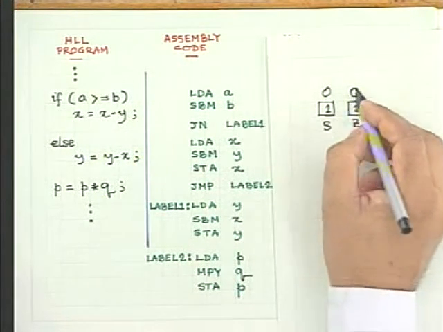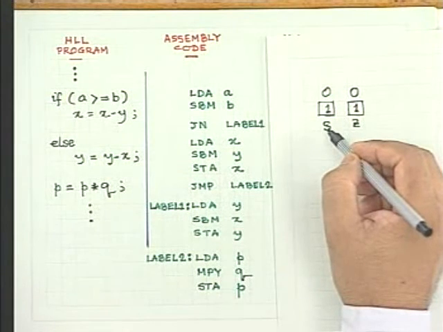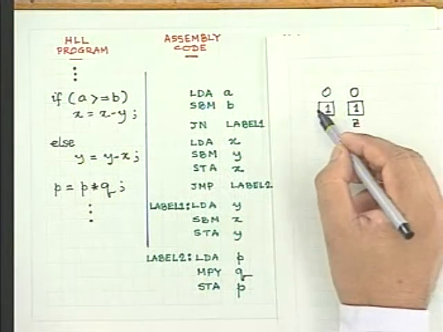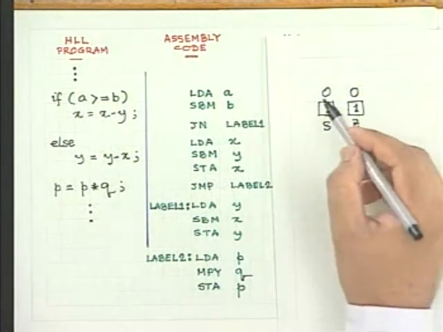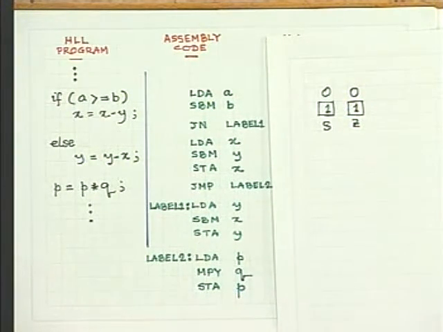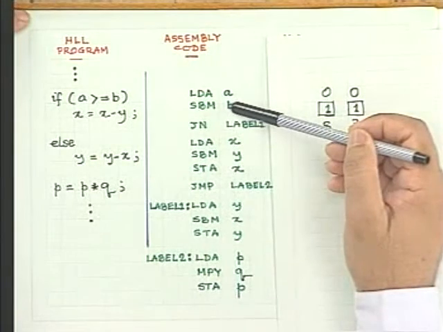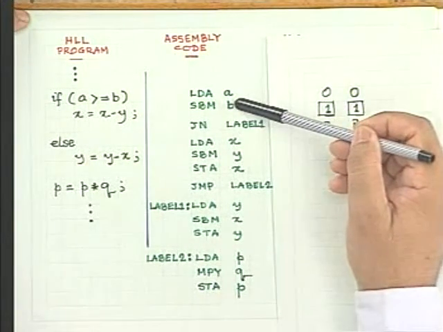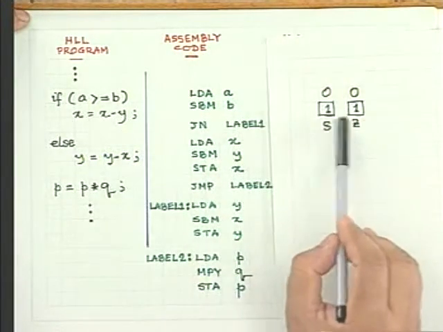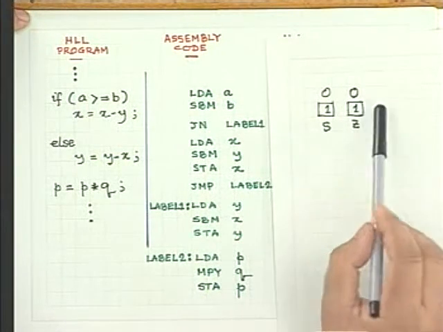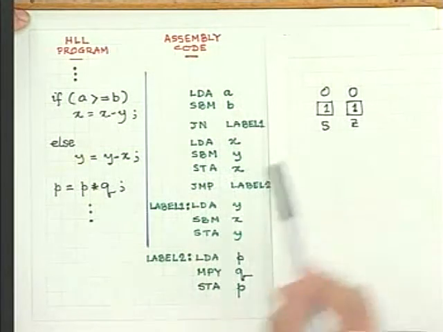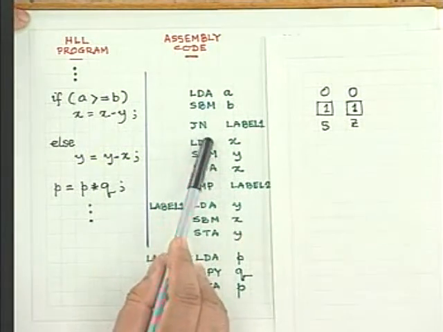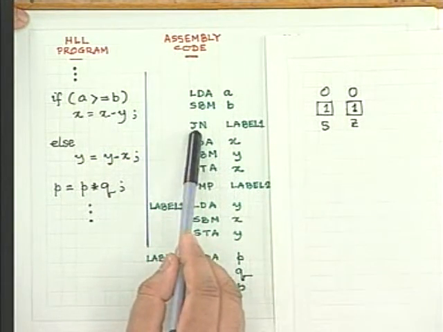And if it is non-zero, the sign flag will determine whether the result is negative or non-negative. Therefore, as the subtraction instruction is executed, these two flags will be set. There may be some other flags which we will know later on, but we need only these two flags now. Now, this says jump on negative.